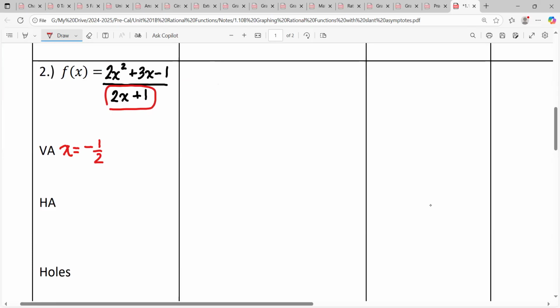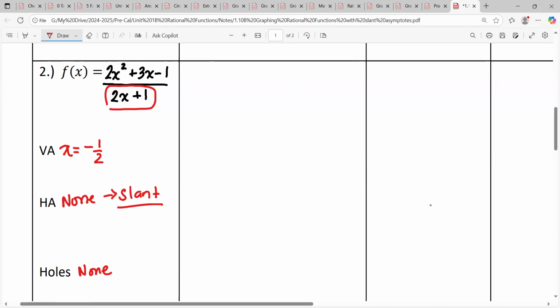And then, do I have a horizontal one? Nope. Degree of the numerator is bigger by what? 1. Today, you guys, on the notes, there is none, because we are working on what today? Slants. Okay. And nothing cancels out. So do I have any holes? No. You can have some holes on these. I just didn't make any yet.